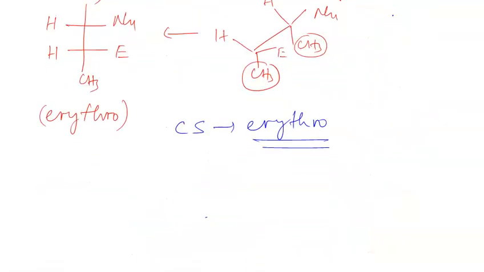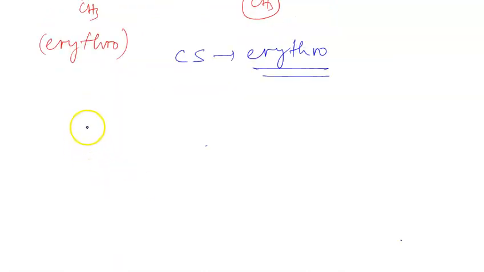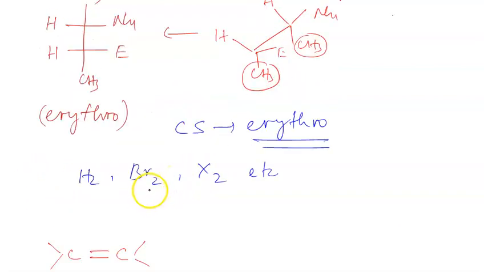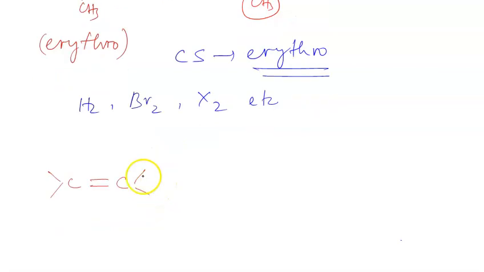Symmetrical molecules are like hydrogen, bromine or halogens, etc. Again let us take the cis alkene, cis 2-butene.